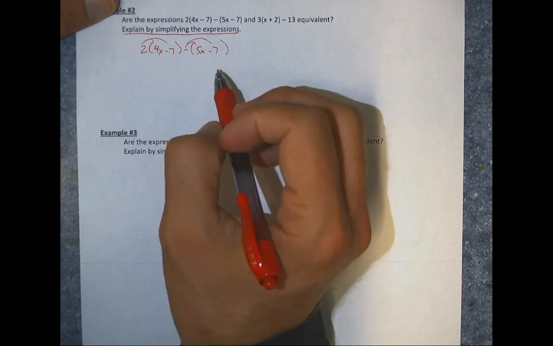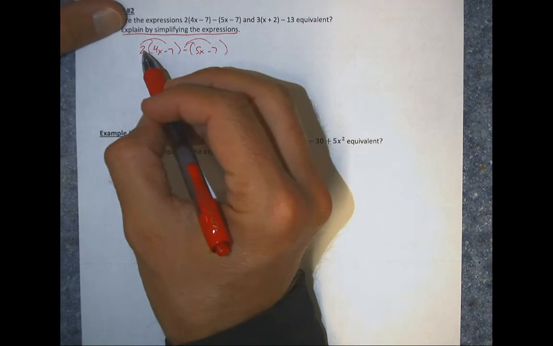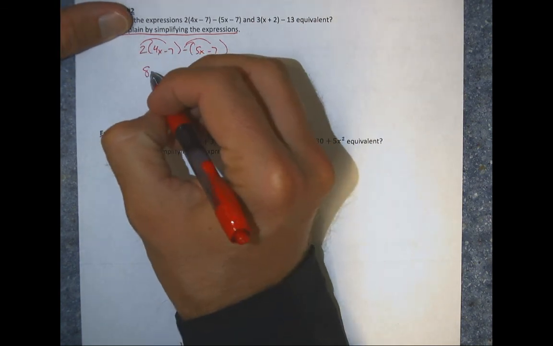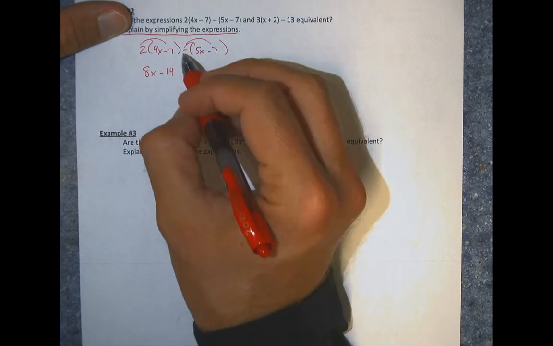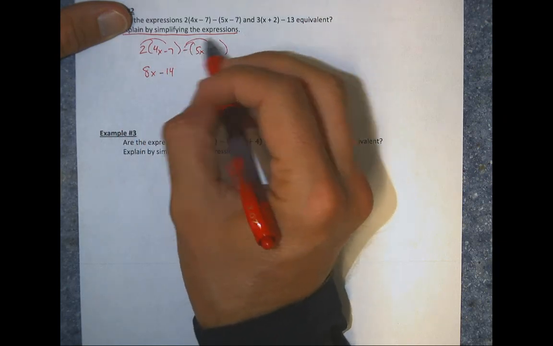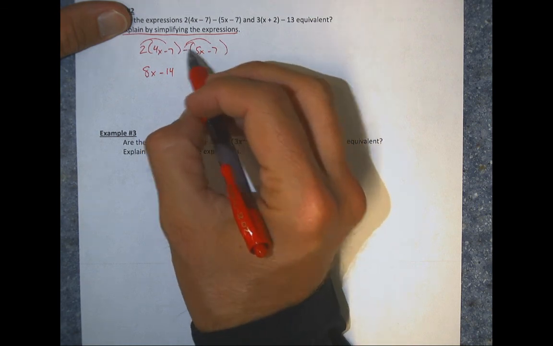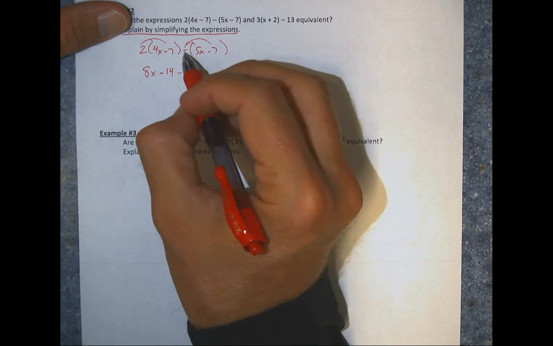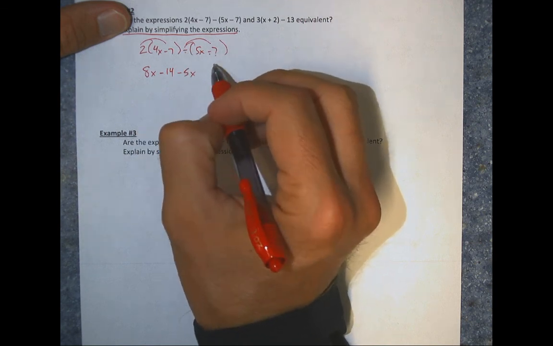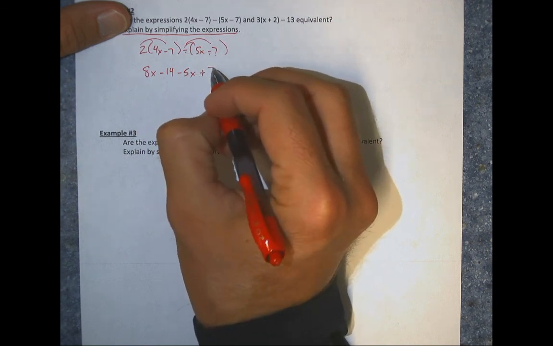So I'm going to get 4 new terms, and then we're going to combine the like terms. So 2 times 4x is 8x, and 2 times -7 is -14. Now before you start writing a minus, you have to distribute, so be careful. -1 times 5 is -5x. And now this is a -1 times a -7. So that's a +7.